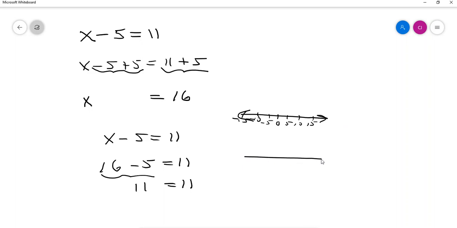We usually just say the solution is 16, and it'd be right there. That one point, 16, is my solution set. So graphing for these single variable equations doesn't seem to be necessary. I think this doesn't help visualize what we're working with in this particular case, not much of an advantage.